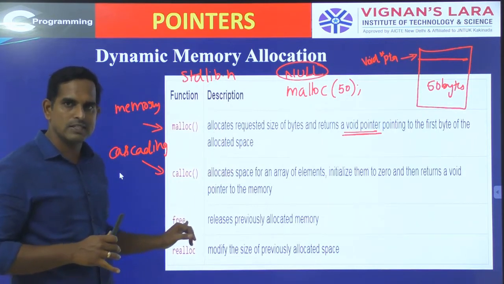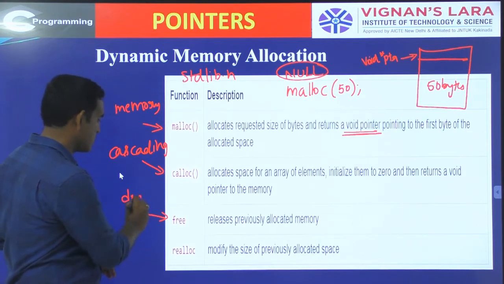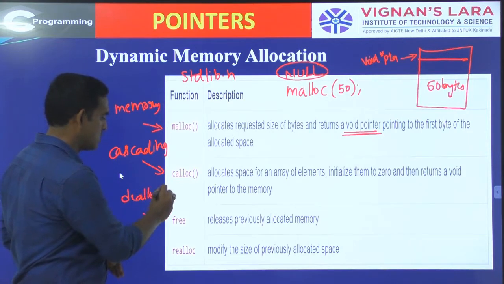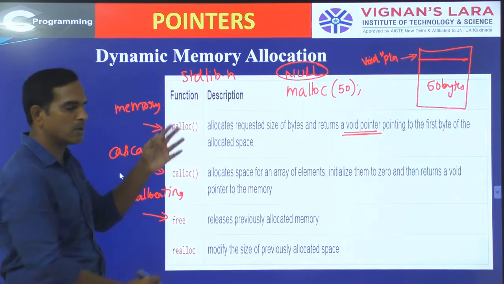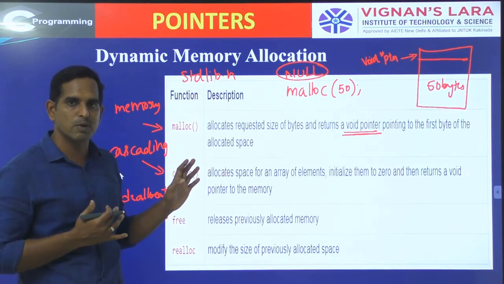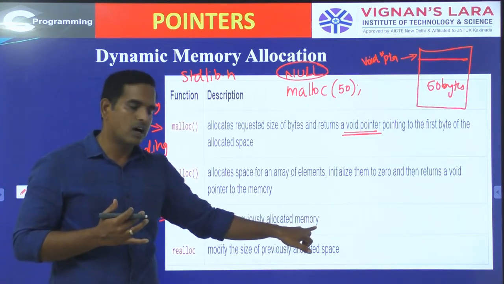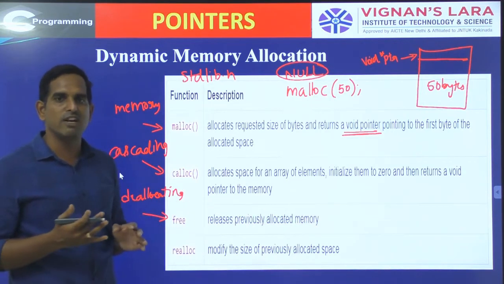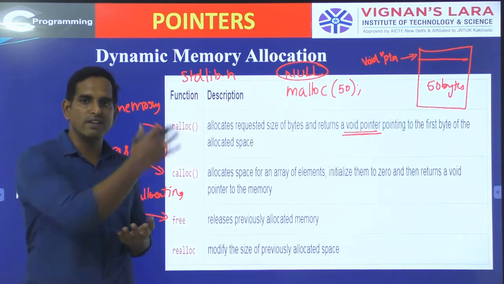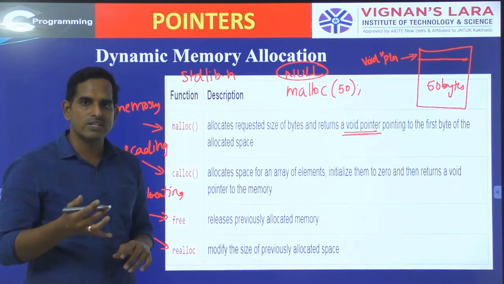And free is for deallocating the memory. If some memory allocation is not in use, you can deallocate that memory. So it releases previously allocated memory. The free function will be used to release the previously allocated memory. And the last one is reallocation.